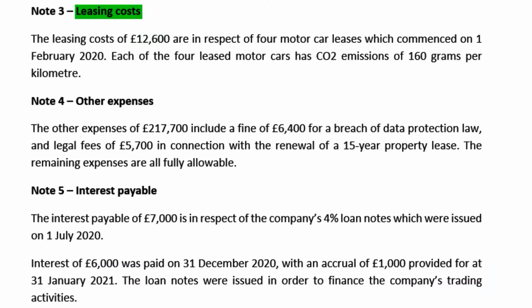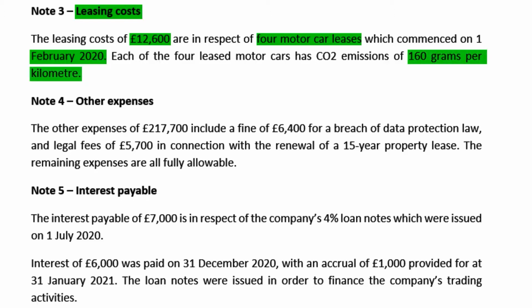Note 3 is leasing costs. The leasing costs of 12,600 are in respect of 4 motor car leases which commenced on 1st February 2020. So the accounting period began 1st February 2020, so that's for the full year, with the cars available for the full year. Each of the 4 leased motor cars has CO2 emissions of 160 grams per kilometer, which exceeds 110 grams per kilometer.